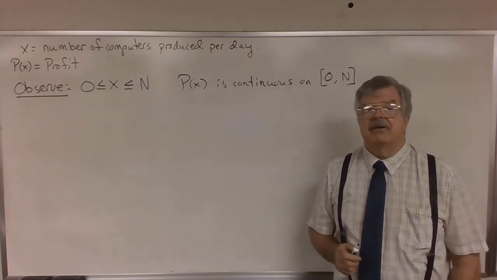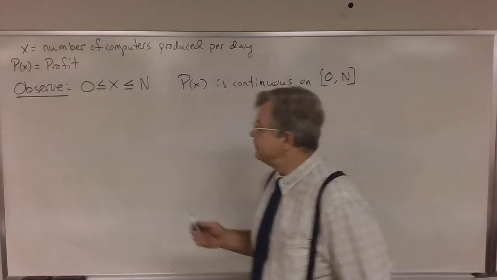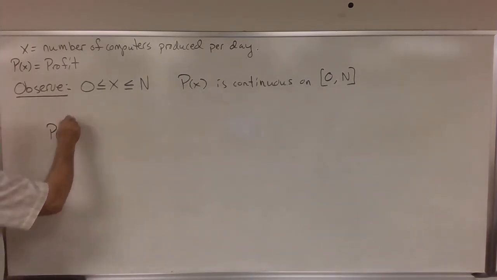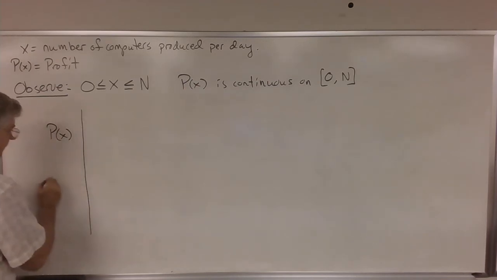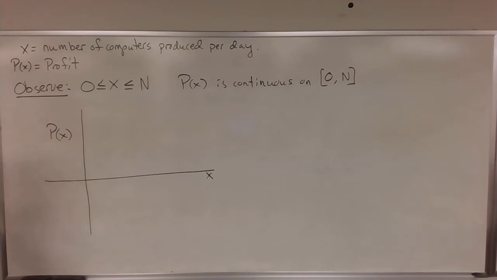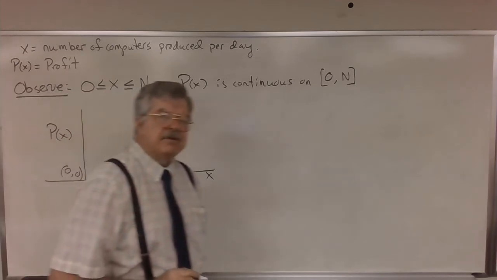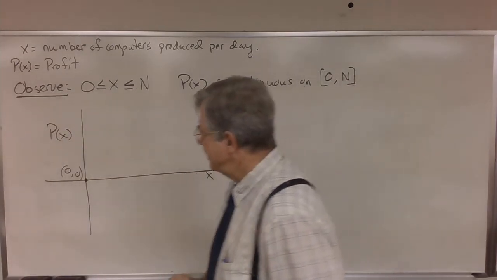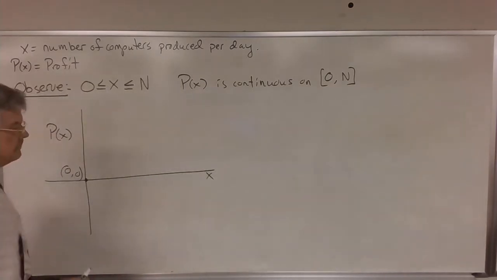Now, let's see what happens. Here's my profit function, and X is the number of computers. Here's the origin. What happens if I produce 0 computers per day? Well, let's see.